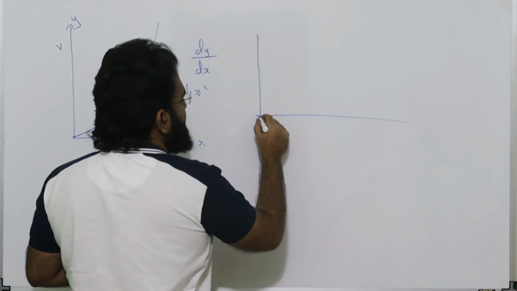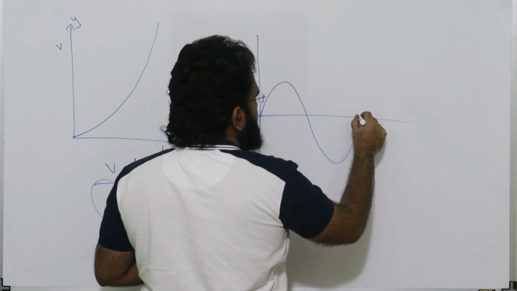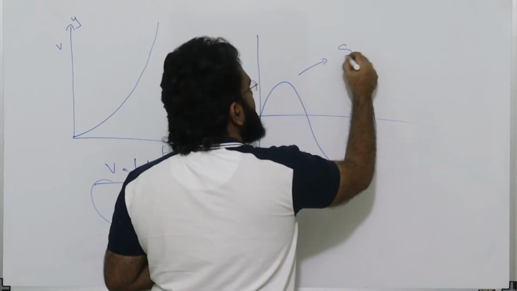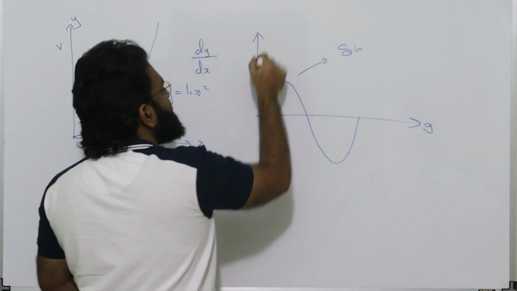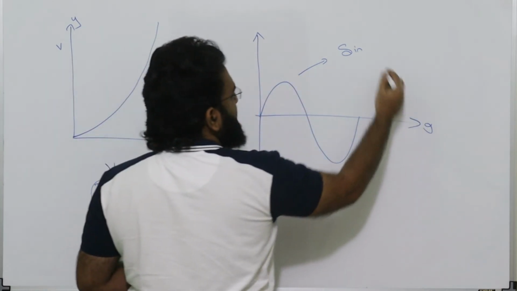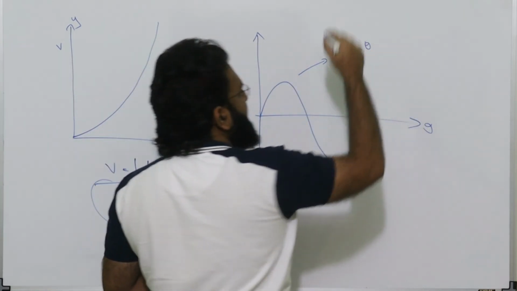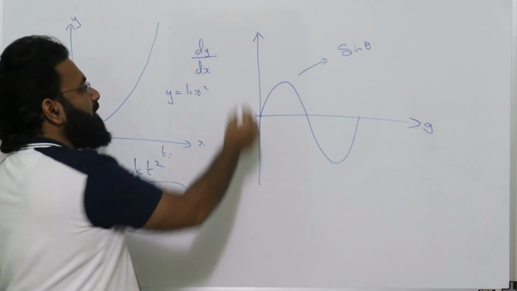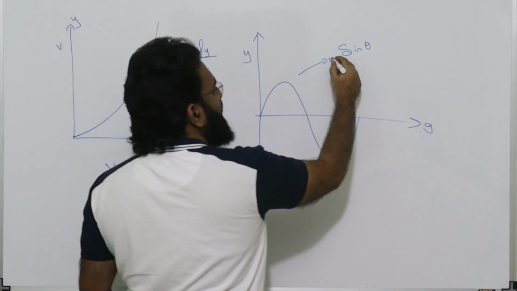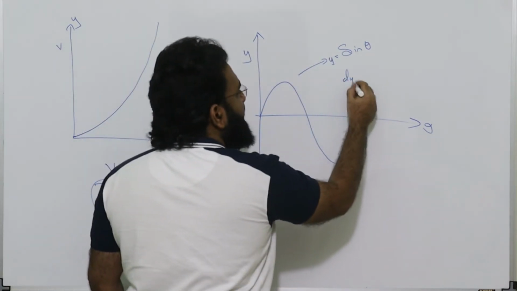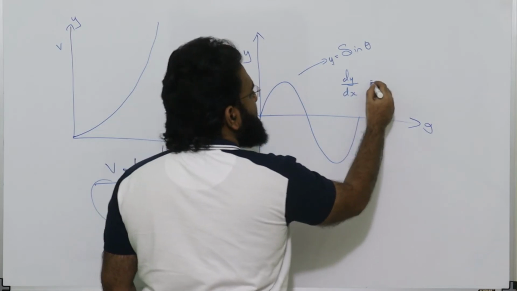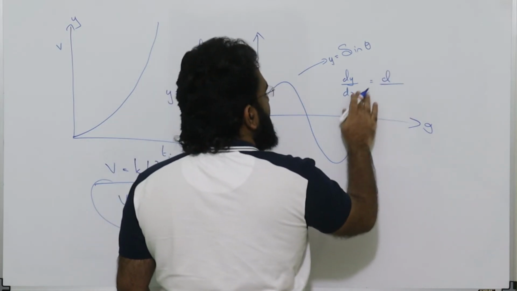So say for example, if a graph is like this, its name is nothing but, if this is theta, then we call it sine theta. If this is y, we call it y is equal to sine theta. Then to find dy by dx, this is nothing but dy by d theta.